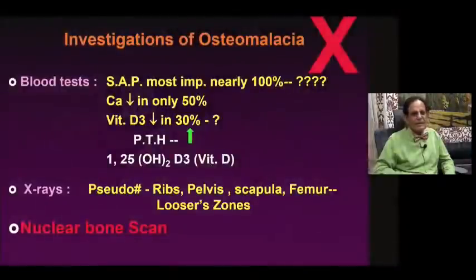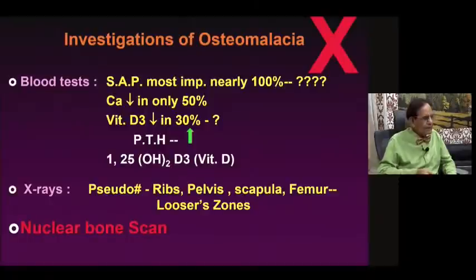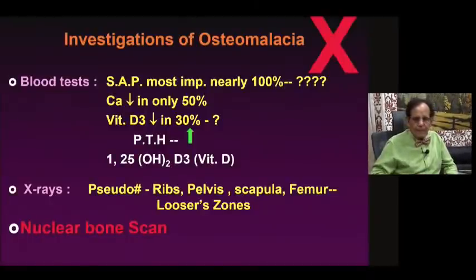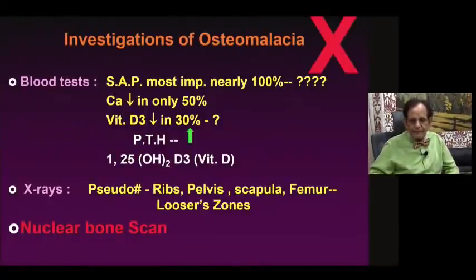And when it comes to investigations, I would not like you to ask for any investigation. And let me tell you why. Because they're very costly, and because once you do all these blood tests and X-rays, multiple X-rays, even the X-rays may not show those cracks.